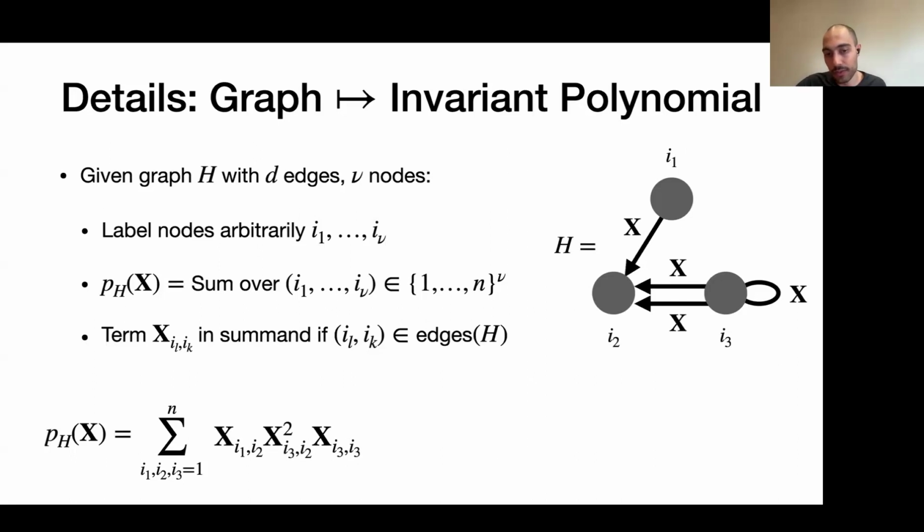Then we have two edges going from I3 to I2, so we have x squared I3, I2. And then one self loop here on I3, so that'll be a diagonal entry x I3, I3. Simply put, if you give me a multigraph and arbitrarily label it, and then do this procedure where you sum over the nodes and put these summands whenever you have an edge in the graph, any possible invariant polynomial in your basis can be written in this way.